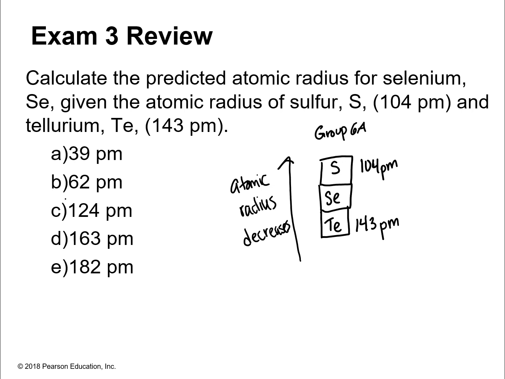The only one that's between those two radii is C. So it's just a little bit of reasoning. For those of you who said help, does that help? Good. Let's move on to the next question.